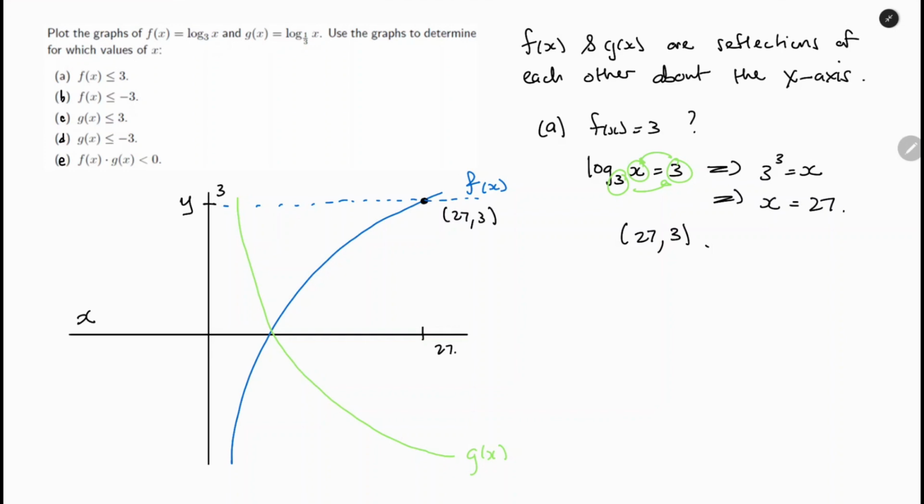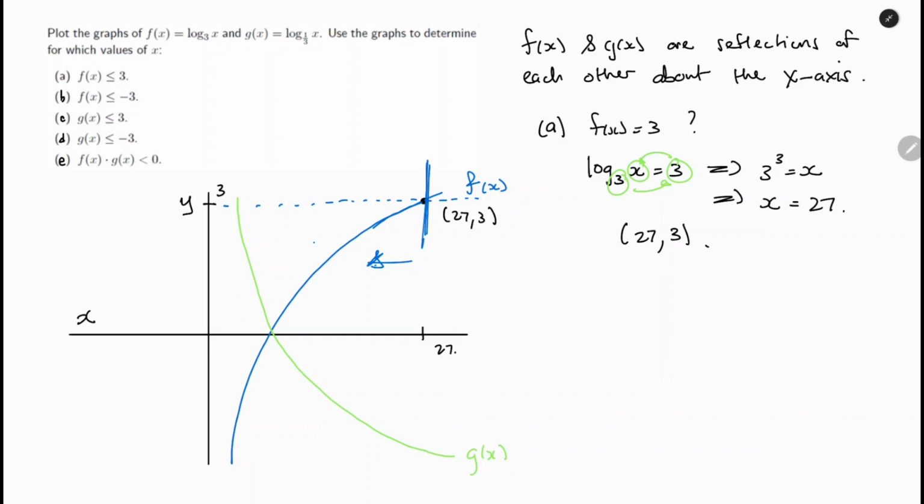Where is the graph lower, below this line? We can see everywhere to the left of this vertical line, the graph of f of x is below y equals 3. Here x is equal to 27, so wherever x is less than 27, the graph of f of x is below y equals 3.